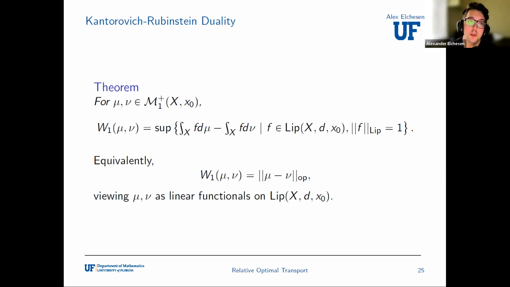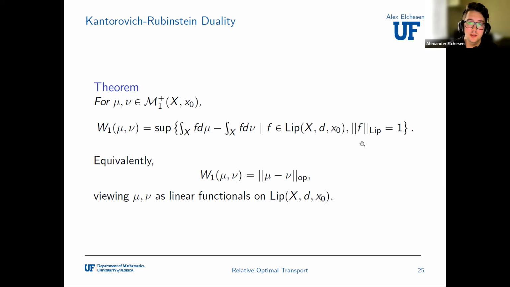So in general, we proved a lot of analogs of classical results in this setting. Another one is Kantorovich-Rubinstein duality, which gives a dual definition of the one Wasserstein distance. That says that the one Wasserstein distance between mu and nu, you can actually compute instead by looking at all one-Lipschitz functions which vanish at the base point, integrating mu and nu against those, taking the difference, and taking the supremum of that quantity over all such one-Lipschitz functions.